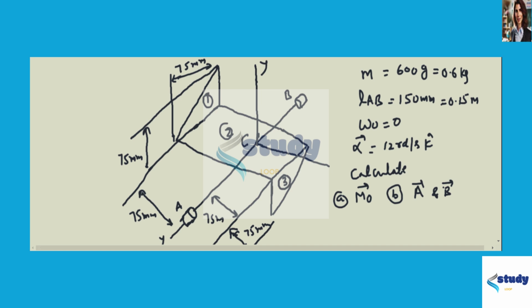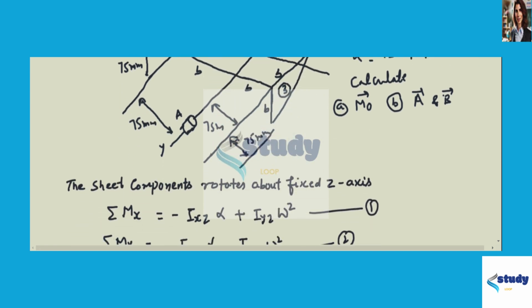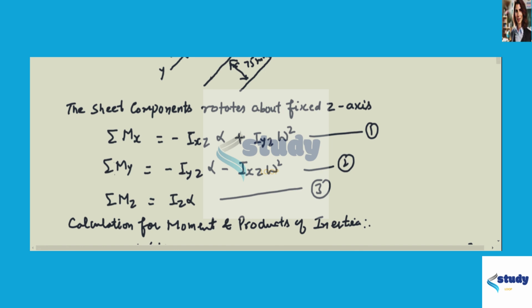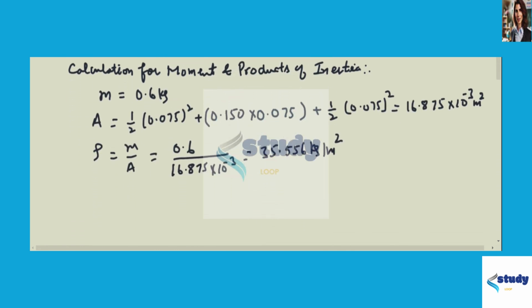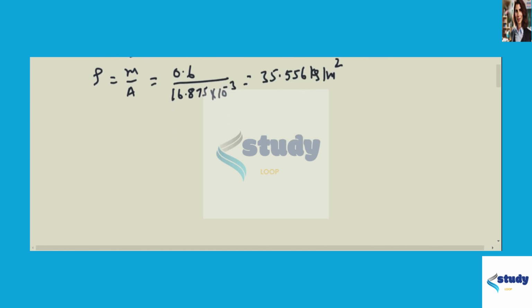Dimensions are given. B you can mark: this is B, this is B, this is B. B has the value 0.75 millimeter.